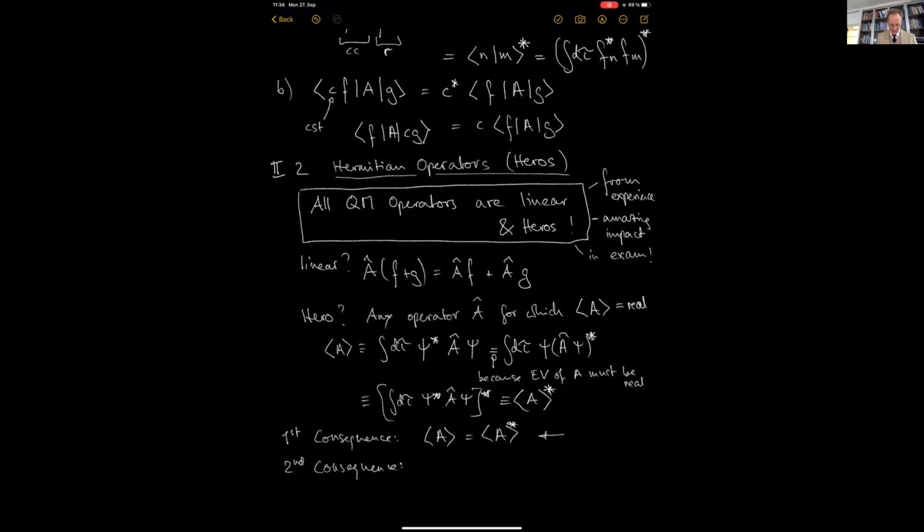The second consequence is, if A is Hermitian, that it can act to the right or the left, independent of the function you're using. So that's quite crazy. Now, let me write this statement.